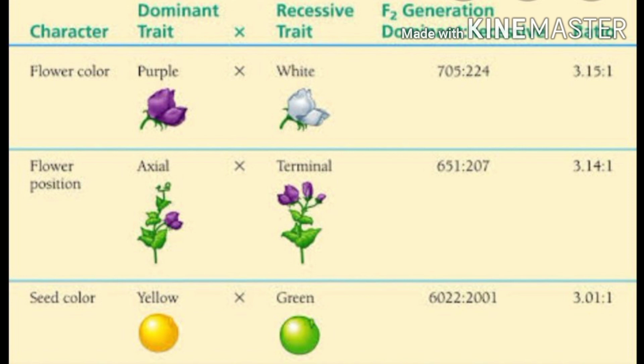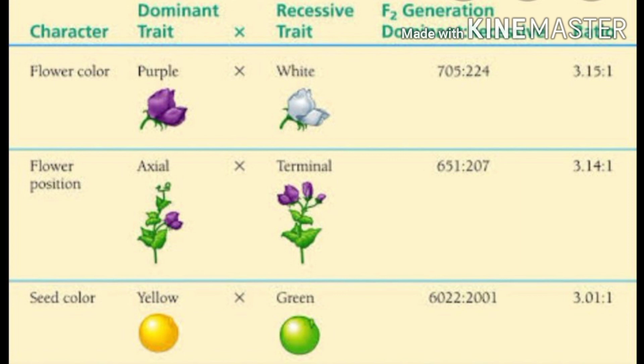He has chosen a pea plant having purple colored flower and another white colored flower. Second character is flower position. He has chosen a pea plant in which the flowers are at axial position and another pea plant having the flowers at terminal position.